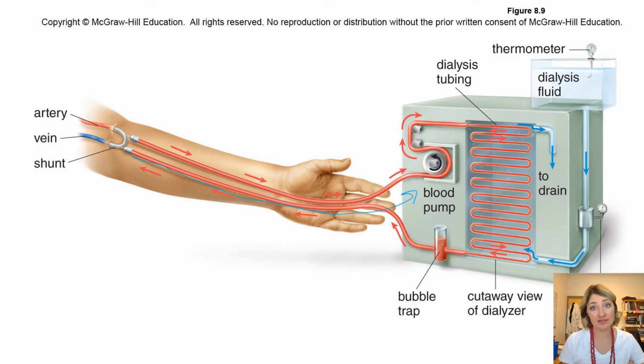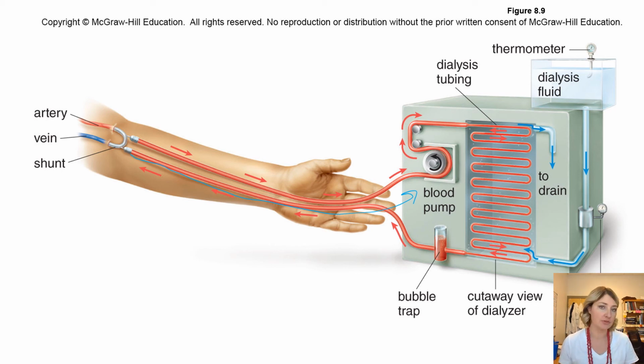However, because it's a semi-permeable membrane and only small solutes can pass through, it's not able to remove blood cells or other large molecules. Those are just too large for the semi-permeable membrane. So it's able to keep function the same as the kidneys in that it can keep all of those nutrients and all of those recyclable goods for the body, so you're not having to constantly make extra blood cells when you can just reuse the ones you have.